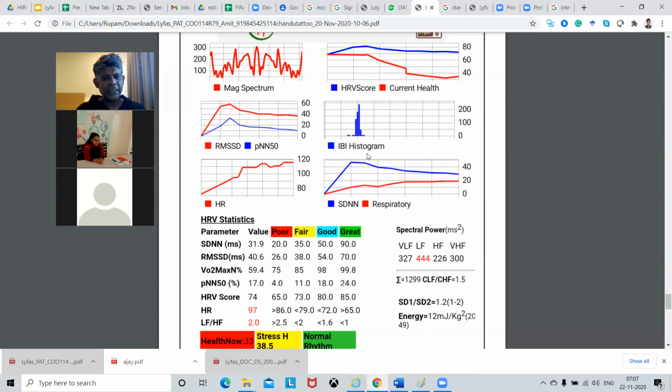So if in any patient you see SD1 by SD2 as 0.6, 0.7, 0.8, less than 1, you may rest assured that he is either mentally depressed, or he may probably have diabetes which causes autonomic neuropathy, or he may have any other disease like, what do you call it, Deepa ma'am, the disease of the autonomic nervous system.